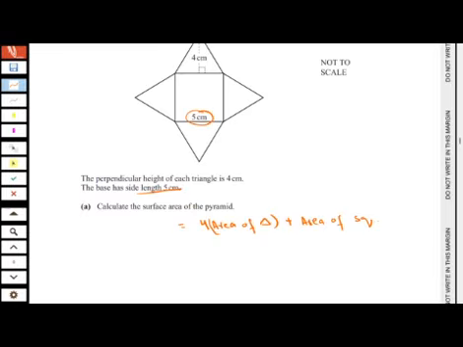So we can write it as 4, area of a triangle is 1 divided by 2 base multiplied by height, plus area of a square is length multiplied by width, that is 5 cross 5. 2 ones are 2, 2 twos are 4, that is 2, and base is 5 and height is 4, plus 5 5s are 25.